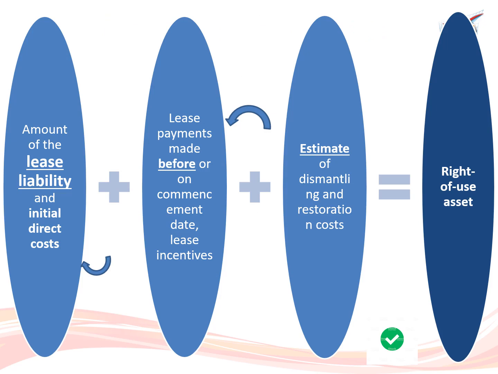Both the initial direct costs as well as lease payments might be apparent from the commencement date of the lease, as well as any lease incentives. Such observable data can be verified either to the lease contract or other supporting documentation without the application of estimates.